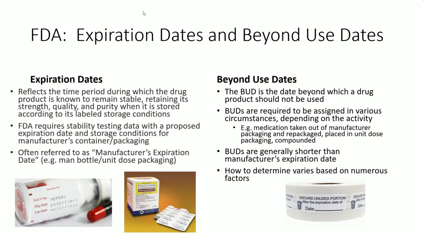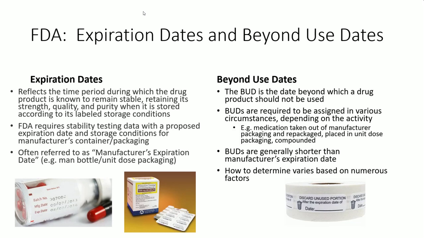Exactly how you determine it depends on numerous factors. You can't say this is how you do a beyond use date and it applies to everything. You really have to look at a number of things. The way I like to think about it is that when you have the manufacturer's bottle or container with their expiration date on it, the patient obviously shouldn't use it past that date.